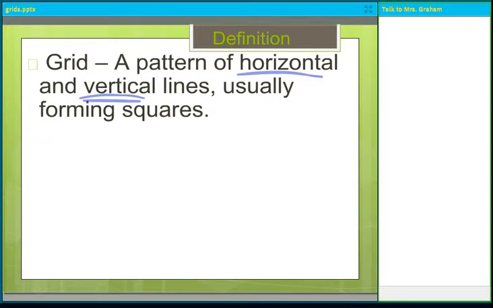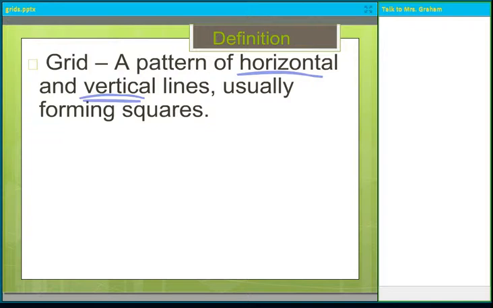Jackson, what would horizontal be? What do you think, Jackson?